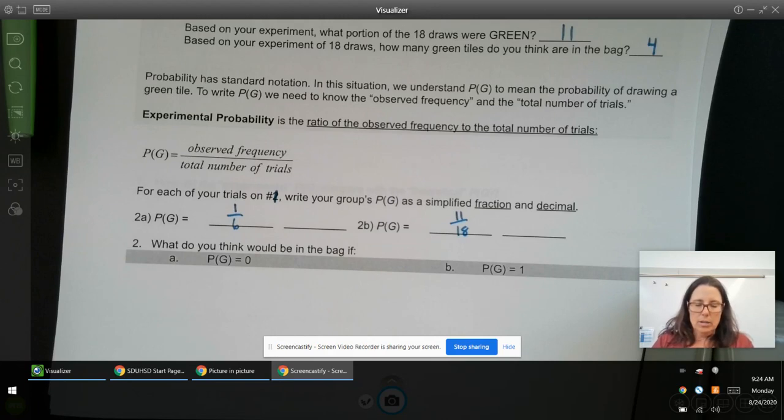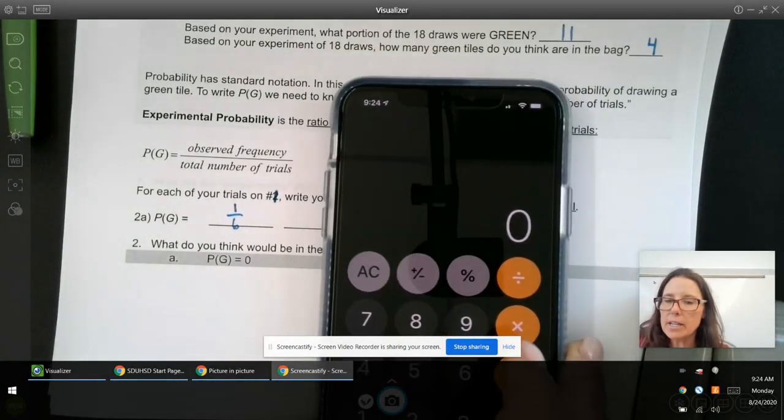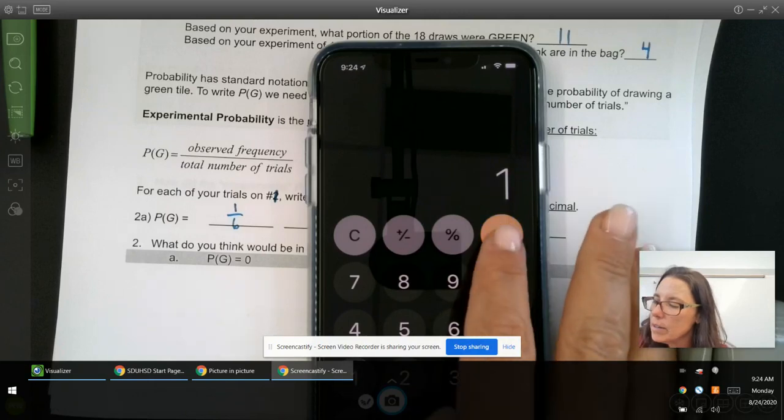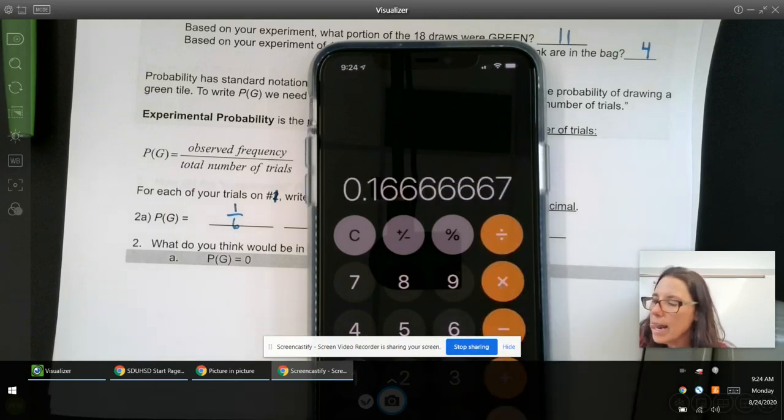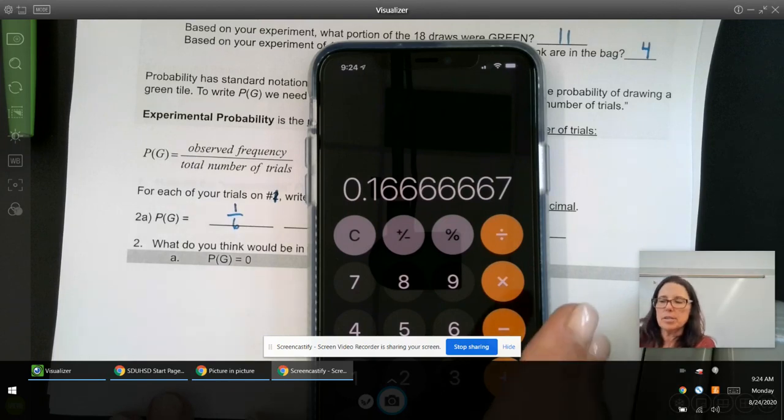So I've got 1 divided by 6. 0.1667. That 7 on the end is just rounding. That 6 goes on and on.